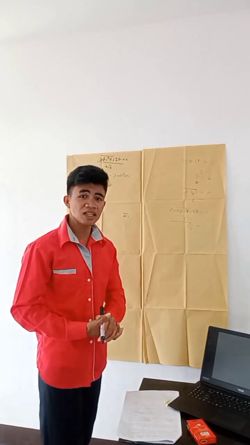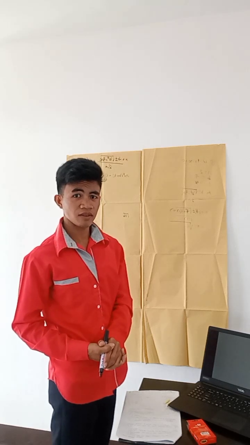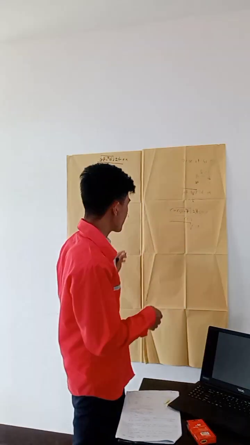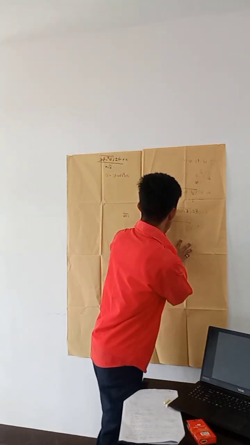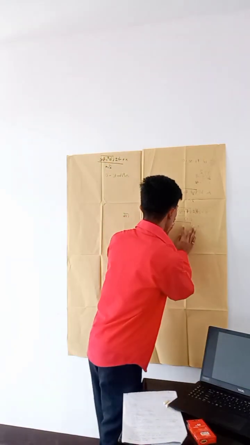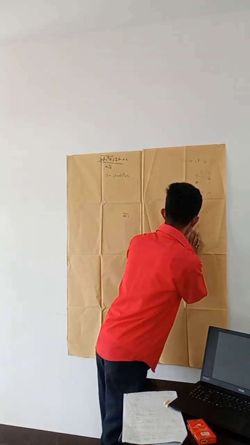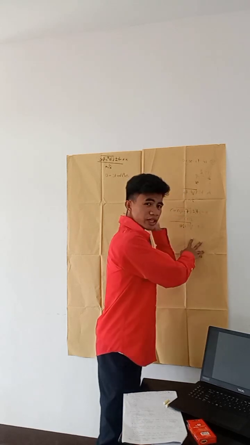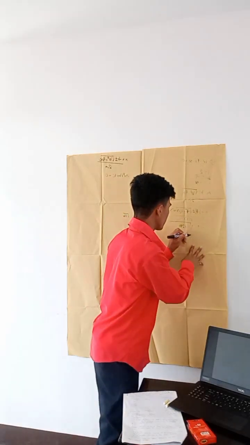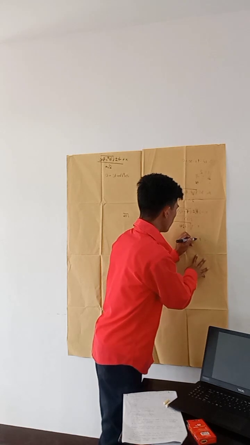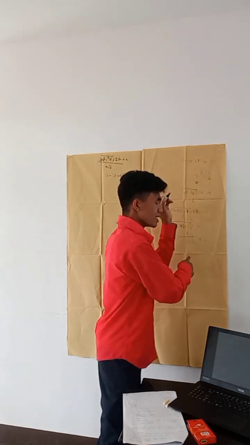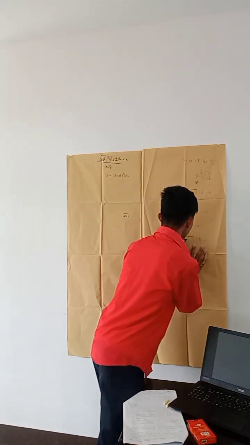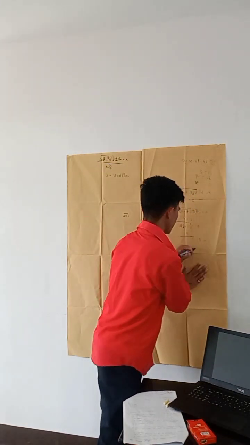Negative 8 times negative 30 is positive 240, all over 2 times 2, which is 4. Let's proceed. 4 plus or minus the square root of 16 plus 240, which is equal to 256, over 4.